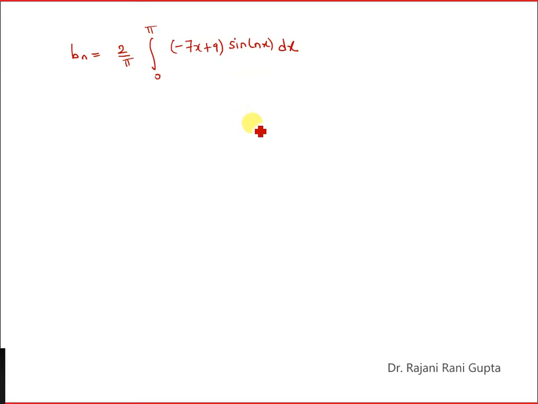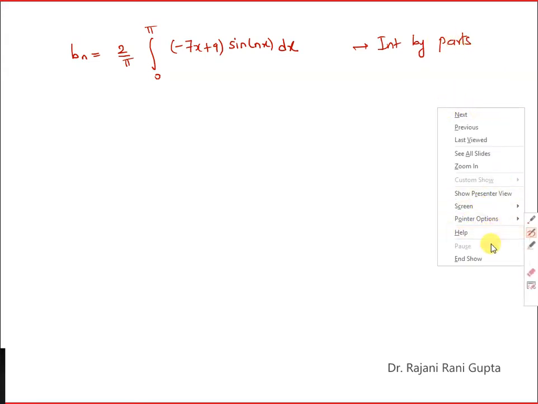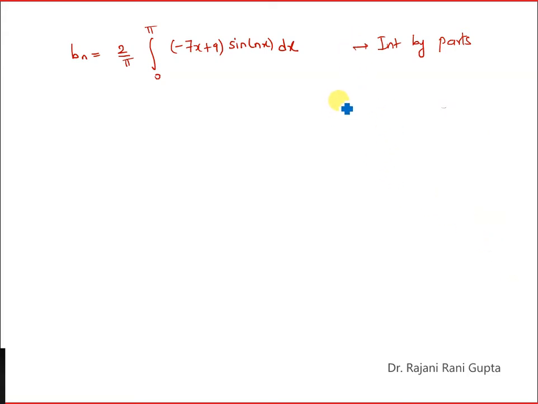Now next is to integrate it. How do we integrate? It's a product of two terms, so integration by parts, and one of the functions is an algebraic function. Select the algebraic function for differentiation and the other function for integration.